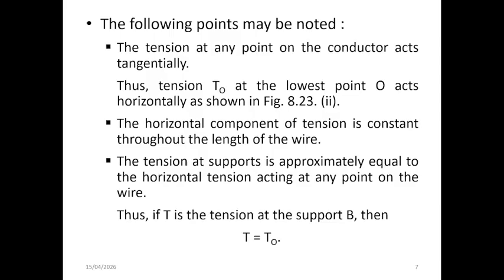Additionally, although the total tension at the support is slightly higher due to the inclined position of the conductor, its horizontal component is approximately equal to the tension at the lowest point. Therefore, the tension at the support T can also be considered approximately equal to T0, which simplifies calculations in practical design. We will use this in practical design as well.